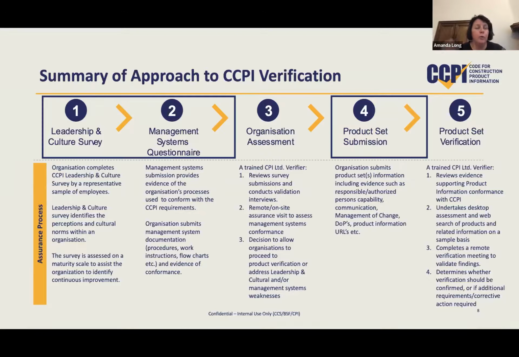So you might have roofing or a window system. Where there are similar products, CCPI won't be differentiating them by size or colour unless that changes the performance of the product in a safety critical way. So generally, products with a similar purpose and similar performance characteristics would be submitted as one product set by that company.